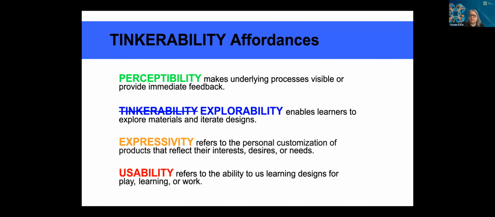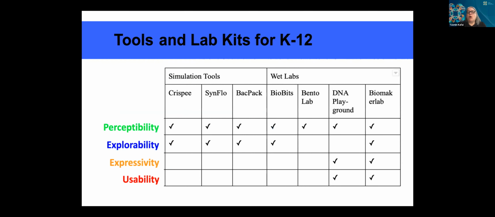And then usability. So when we looked at all those tools in that lab, we found, lo and behold, they're really good on perceptibility, and a little bit less so on explorability. But two of the aspects, expressivity and usability, are really not part of many of them.